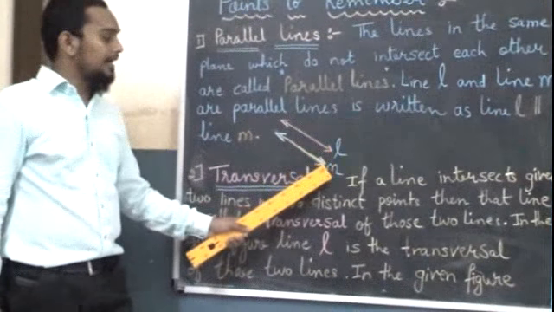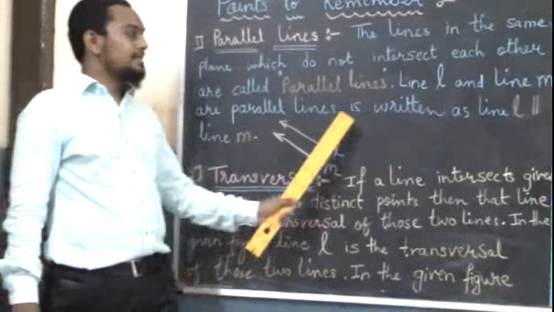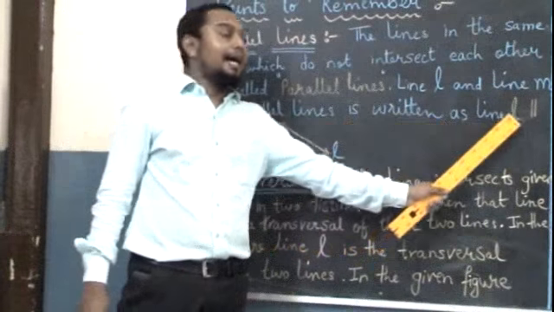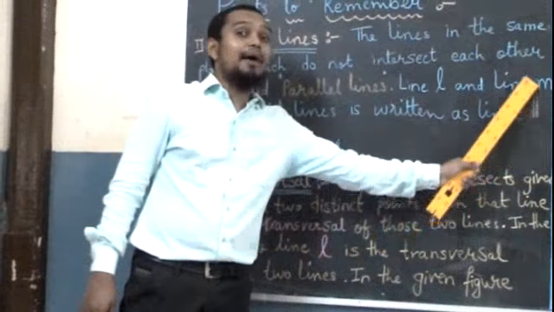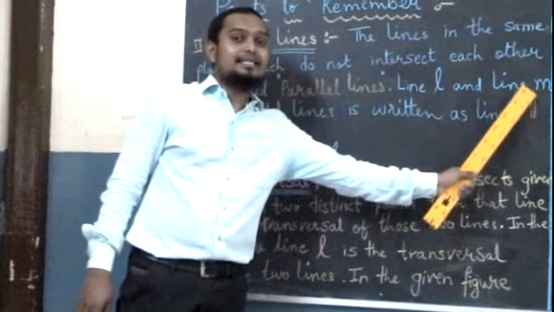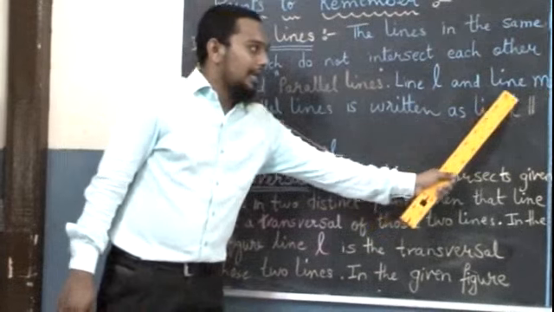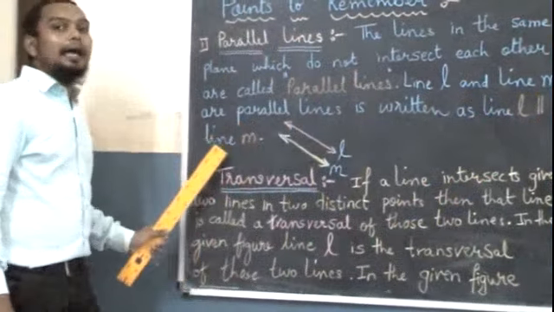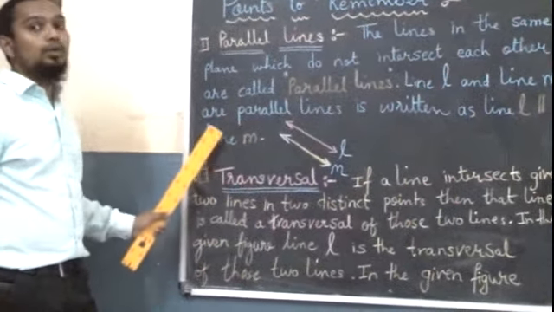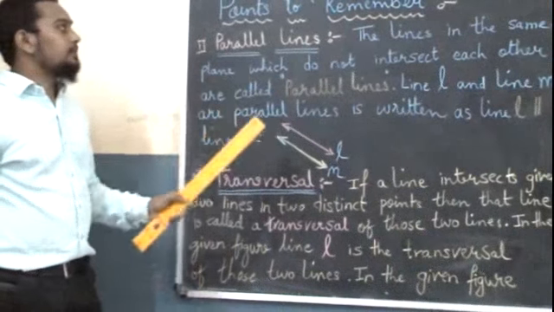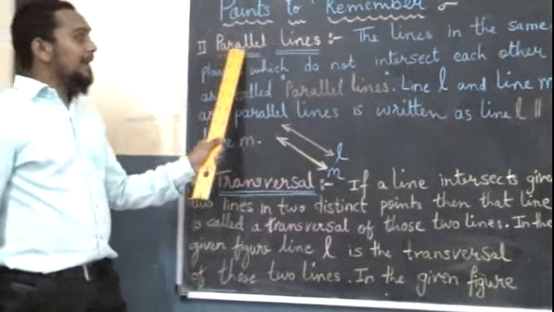Line L and line M are parallel lines is written as line L, and this is the sign of parallel, line L parallel to line M. What does parallel line mean?